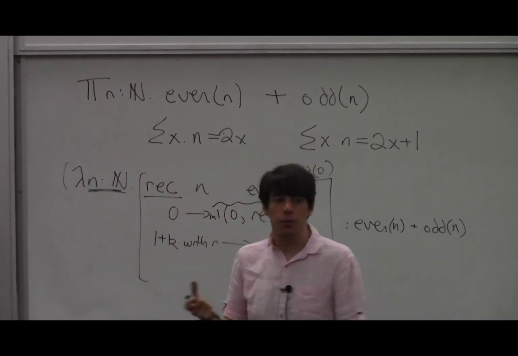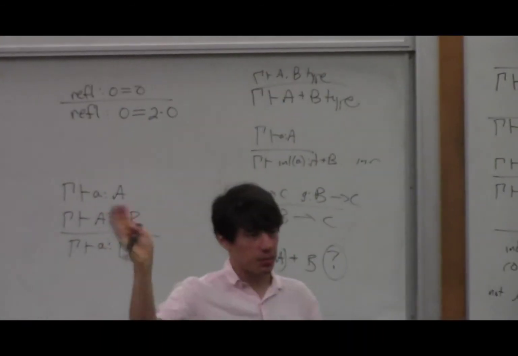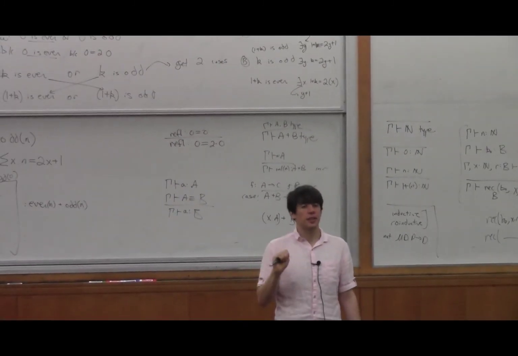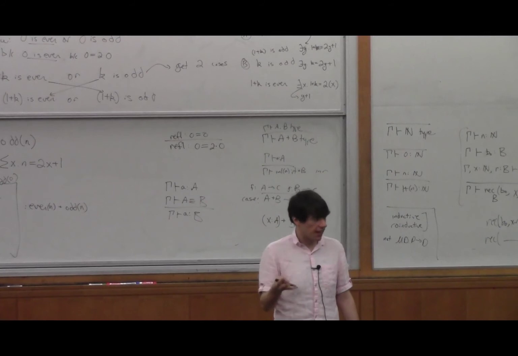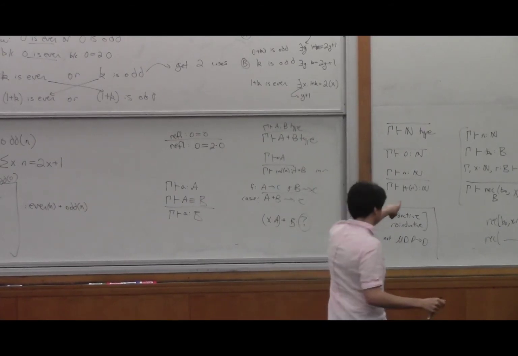When we did our proof by induction, we said we have a case for 0, and if we're showing for all n, then in the case for 0, we show the predicate for 0. And in the case for 1 plus k, we assume it for k, and we show it for 1 plus k. Somehow, this rule doesn't capture that yet.